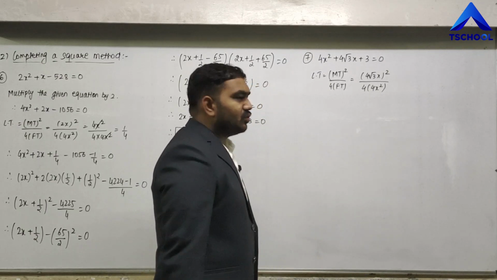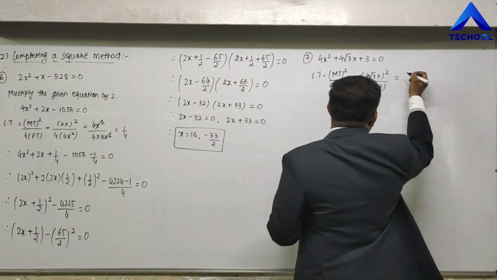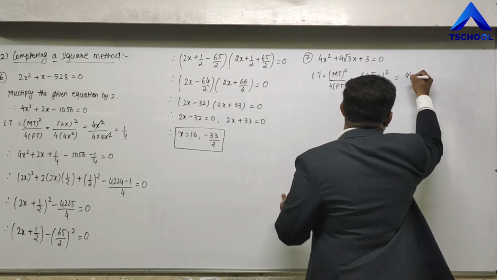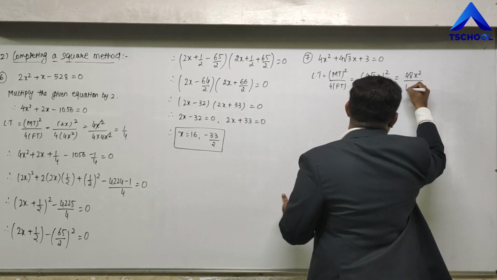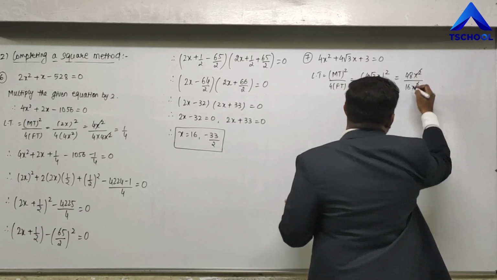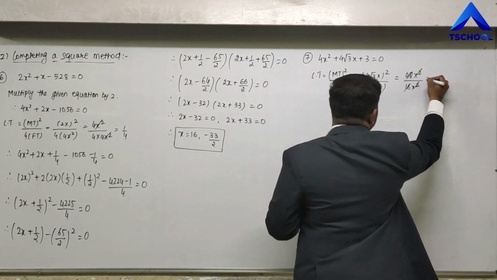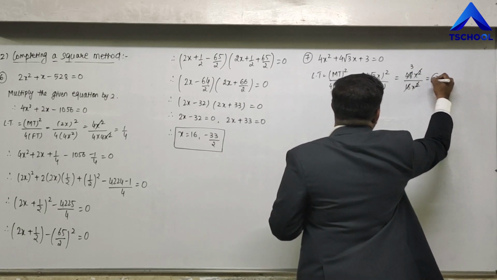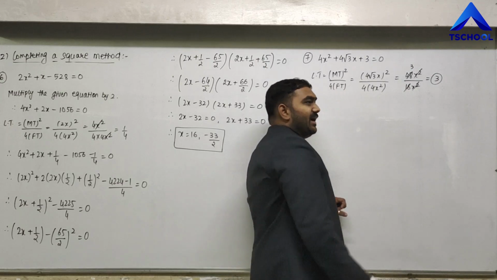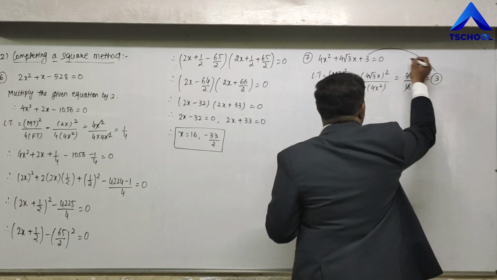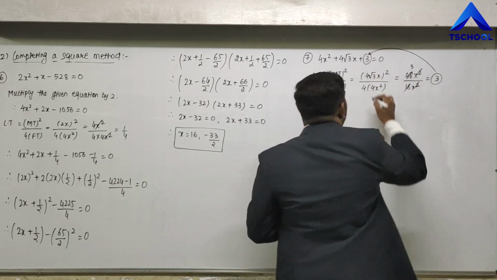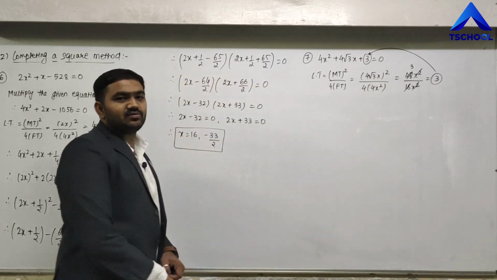Right? So what is this equal to? That is 16 into 3, 48x square upon 16x square. x square and x square cancel. 16 into 3, 48. So we got the last term here as 3, and note that we already have the last term in the question as also 3.